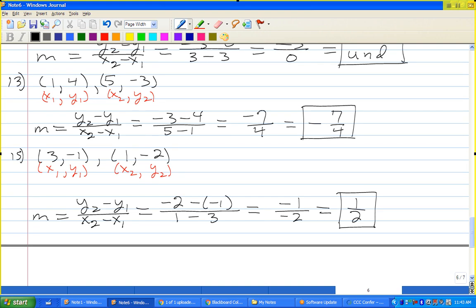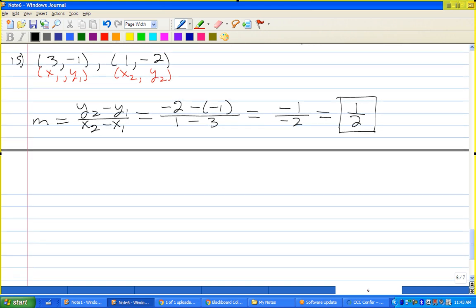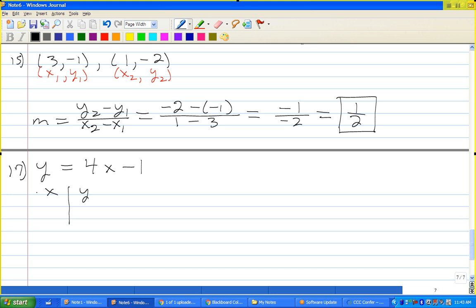Let me do problem number 17. y equals 4x minus 1. In exercises 17 through 32, find the slope of the line. Okay, so I could do this one of two ways. First, let me just find two points on the line.